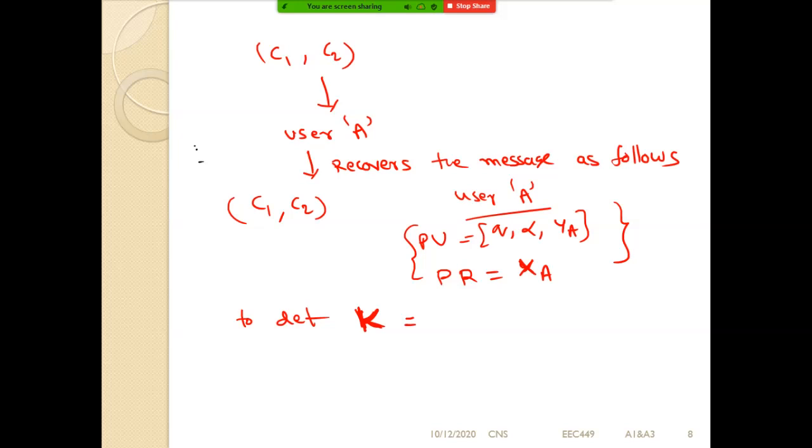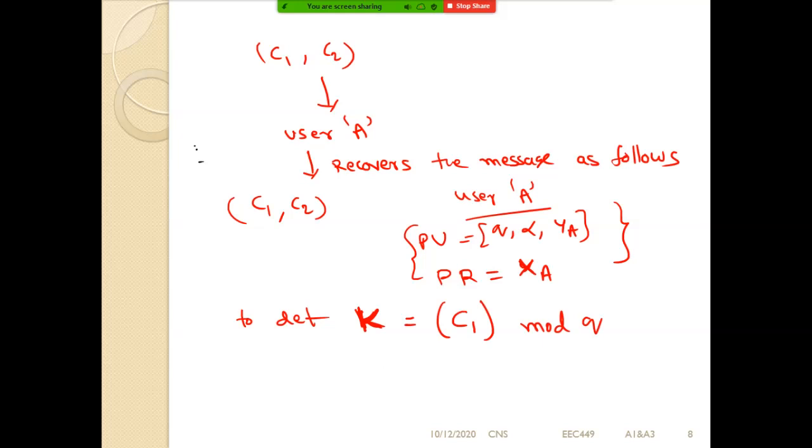So capital K is equal to C1 power alpha mod Q. No, something is wrong. Always remember, the user A should use the private key to determine the secret key.